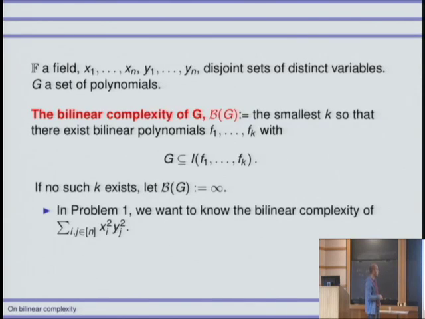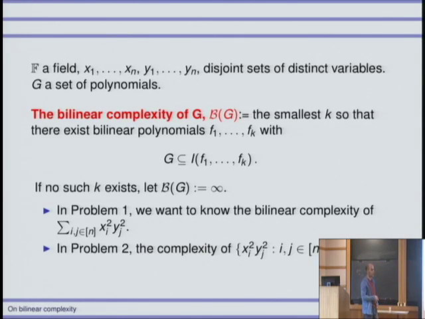So in the first problem, basically what I was asking is to estimate the bilinear complexity of the sum of squares polynomial, and in the second problem, which was supposed to be easier, to estimate the complexity of squares of variables, squares of products of variables. This is a general definition. So far we saw G consisted of polynomials of degree 4, where the x degree was 2 and the y degree was also 2, but I have no such assumption here. It's just a general definition.